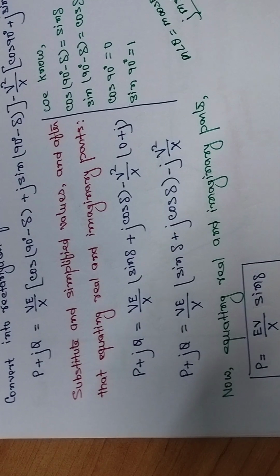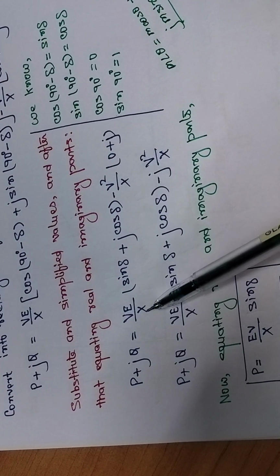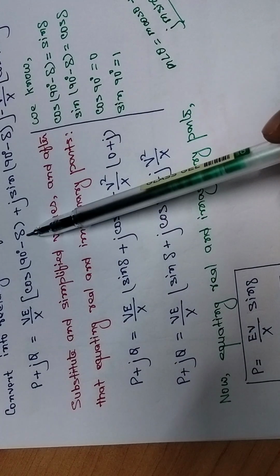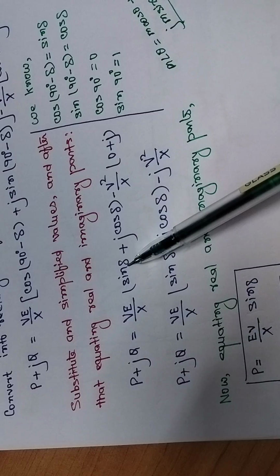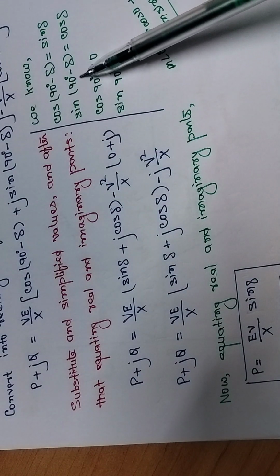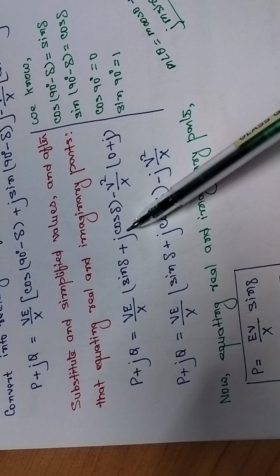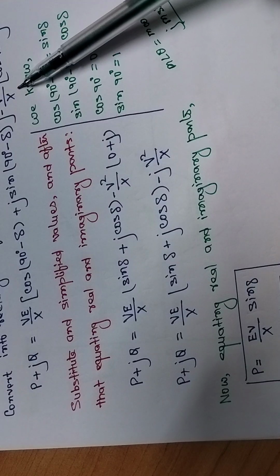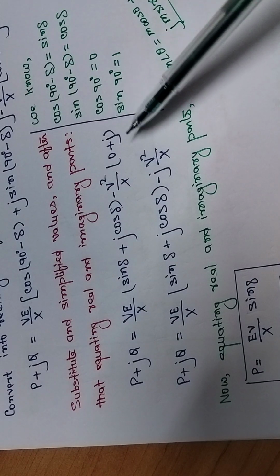We'll see again what we have done here. P plus jQ is equal to VE by X cos of 90 minus delta, which will be sine delta, plus j sine of 90 minus delta, which is cos delta, minus V square by X cos of 90, which is 0, plus j sine 90, which is 1.